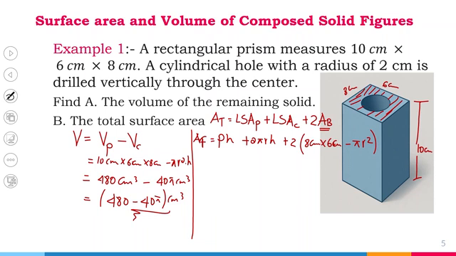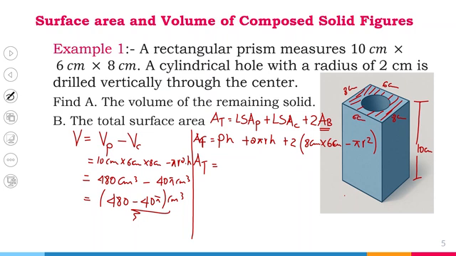Now let's substitute. The total surface area equals, what is the perimeter of the prism? This is 8 centimeter, this is 6 centimeter.